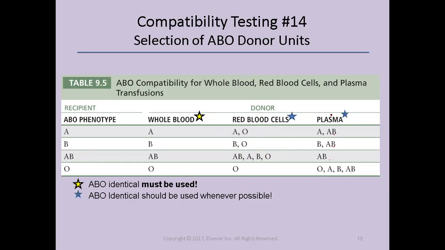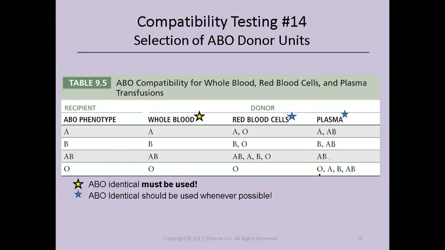And then as far as plasma, we have to reverse our thinking and think about reverse typing. An individual is getting ABO antibodies in that plasma. So the universal plasma donor is AB. Anyone can get AB plasma. You can always get your own type. When you're type AB, you can only get AB plasma, because someone who's AB lacks both anti-A and anti-B, so they can only get it from their own type.